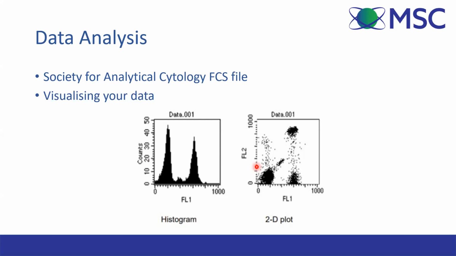This allows you to distinguish different populations based on the differential expression of markers or on physical parameters such as forward scatter and side scatter, looking at size and granularity. So this allows you to distinguish between, say, lymphocytes and neutrophils in our previous example, or it allows you to distinguish between 2 different markers. For example, CD4 and CD8 T cells would be quite a common one, which would look quite like this.